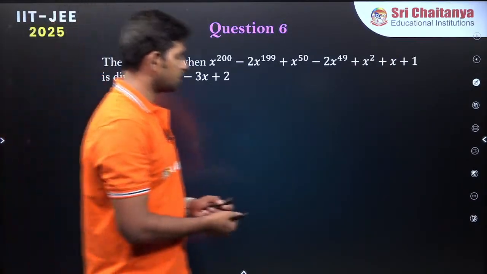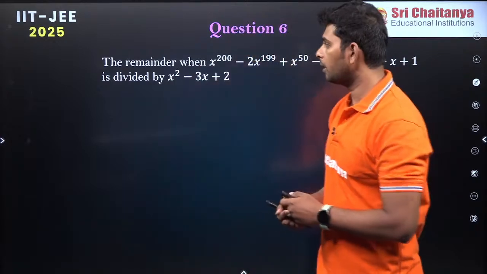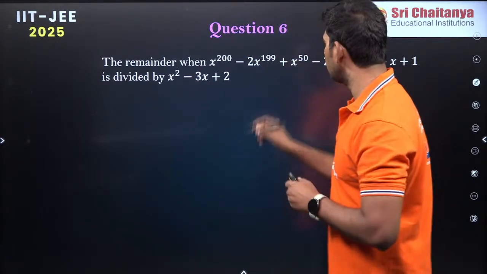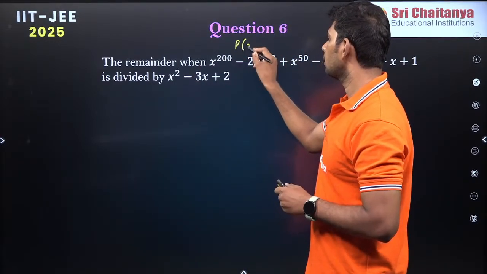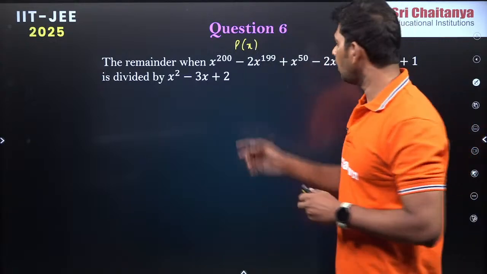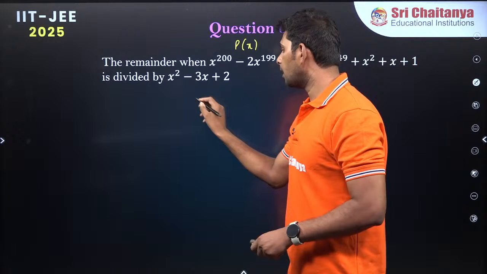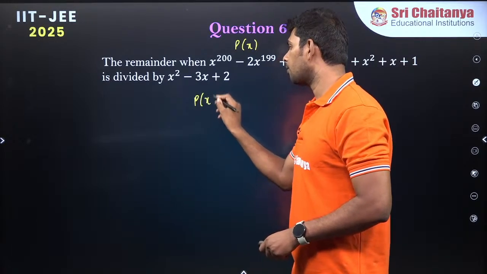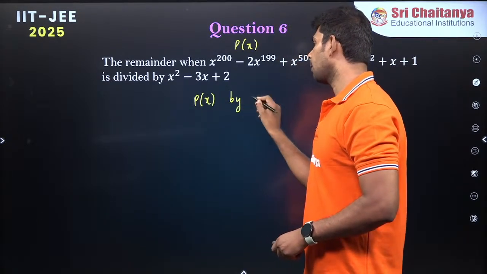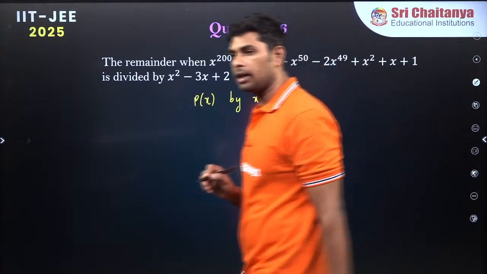Then there is a question here. Before that, this is P of x I am taking. When you are going to divide P of x by x minus 1, I am asking you to find the remainder when P of x is divided by x minus 1. Please give me that.